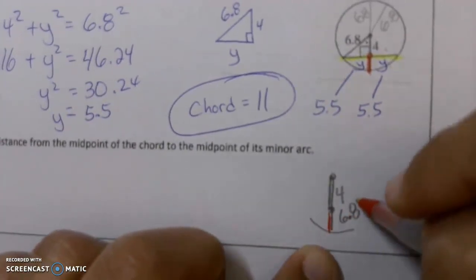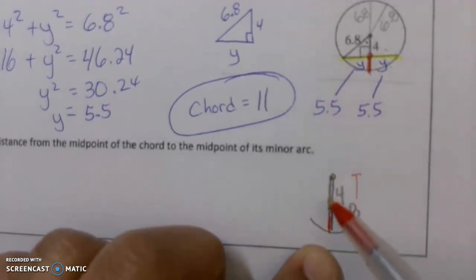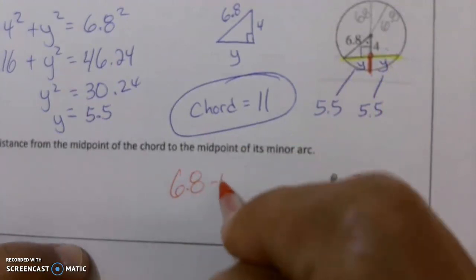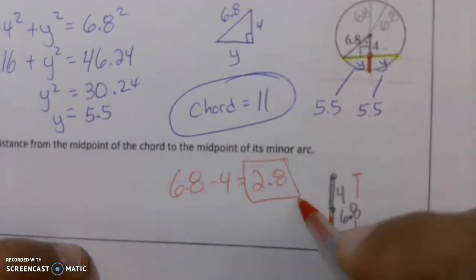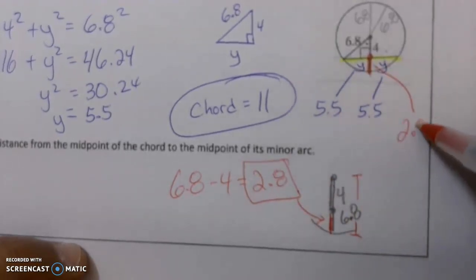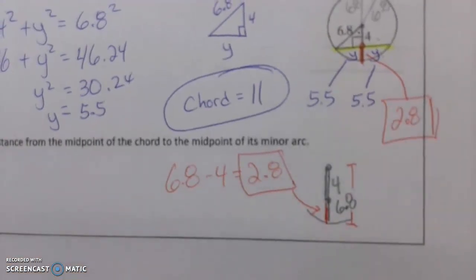If all the way up and down the radius is 6.8 and this top portion is 4, all I got to do is go 6.8 the radius minus the 4. You will get 2.8, and that's this bottom portion. This is 2.8. 2.8 inches, 2.8 centimeters, who knows? Okay.